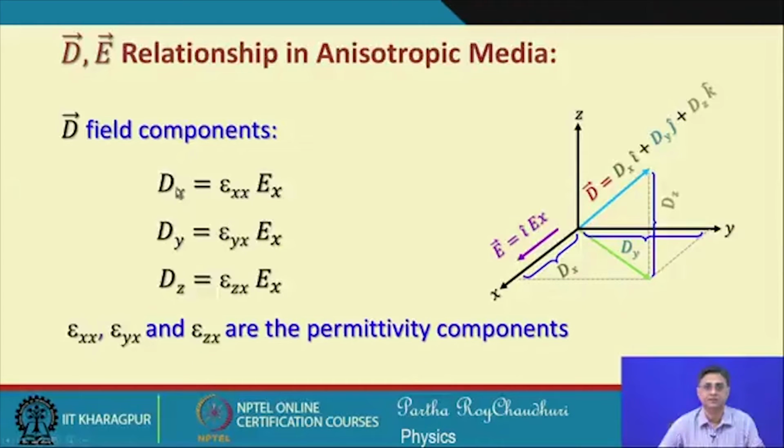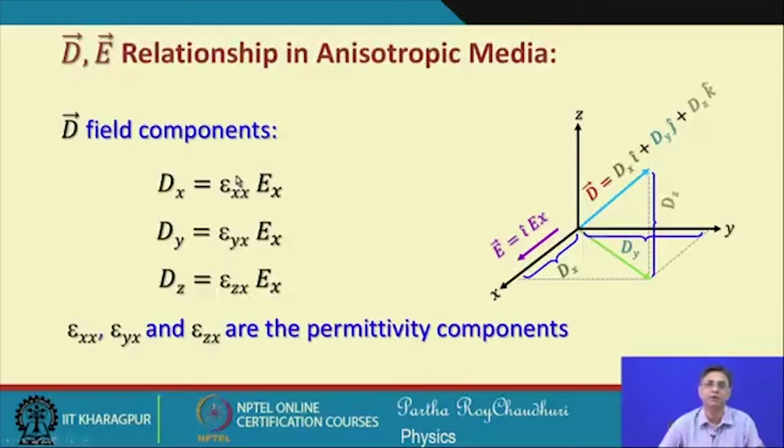So, d x, that is the component of dielectric displacement along the x axis, will be proportional to E x, and this proportionality constant for this particular medium will be represented by epsilon x x, and likewise for d y this will be epsilon y x E x, because this electric field is E x. So, we write in this notation epsilon y x, and similarly for the z component of the displacement, we can write that d z equals epsilon z x into E x.